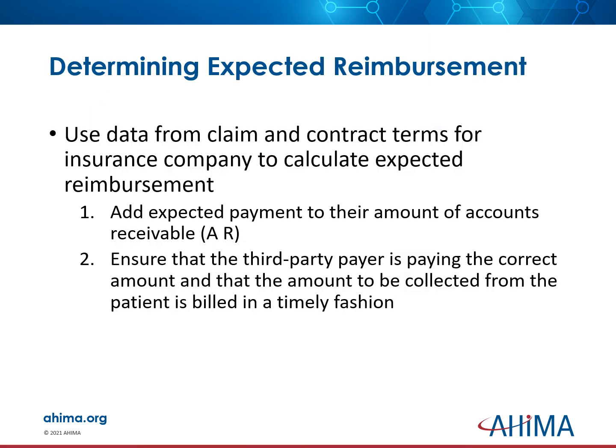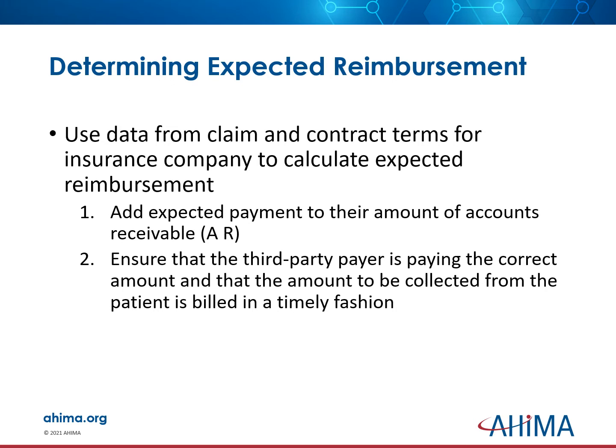Our third step is determining expected reimbursement. After we submit our claim, we are using this data to calculate our expected reimbursements. Why would we do this? Well, we use expected reimbursement for our accounts receivable department, and we want to ensure that the third-party payer is paying the correct amount that will be collected from the patient and that everything is billed and received in a timely manner.